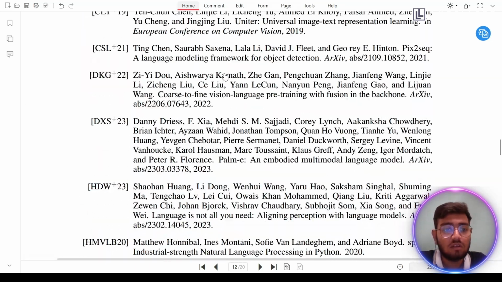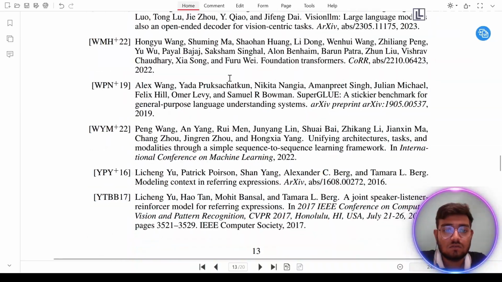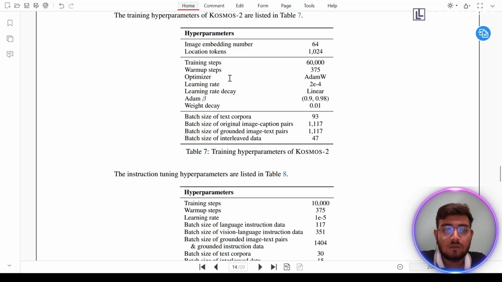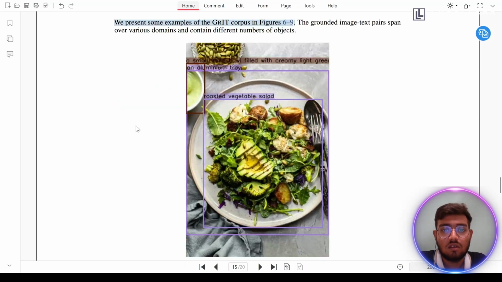So anything else? Well, let's see what the GRIT dataset has. As you can see, this is a sample image of GRIT. This is a plate on which food is presented. In the GRIT dataset, the image and the language are in pairs, so this object is related to this piece of text.